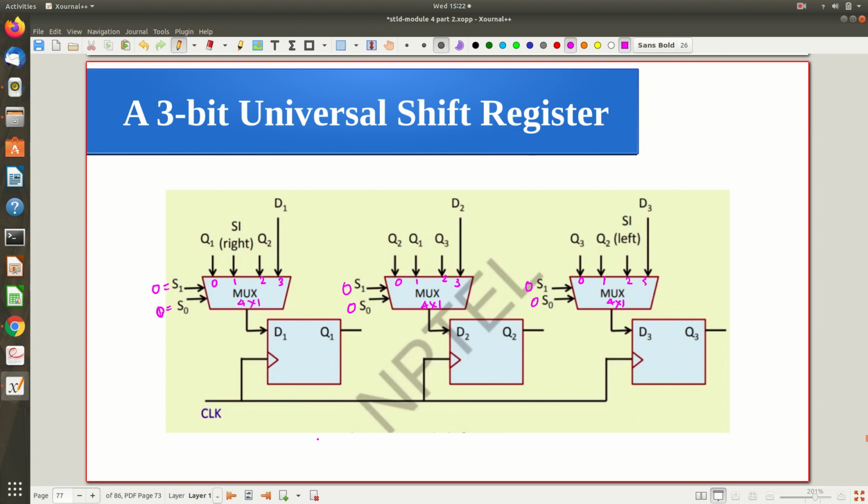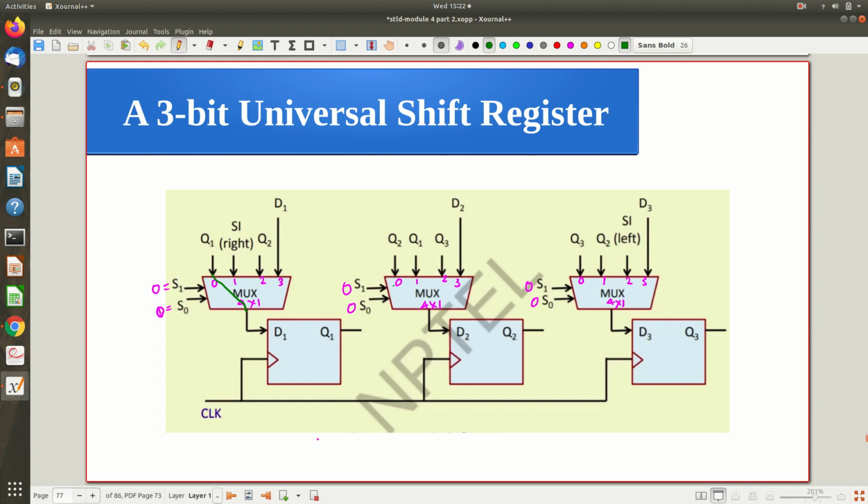Now tell me, 0 0 corresponds to this one. So at any time this bridging will happen as I am fixing this. Okay, let me use a different color for bridging. As I am giving it as 0 0, what will happen? This input will be connected to the output.